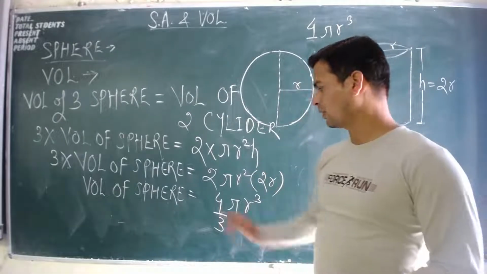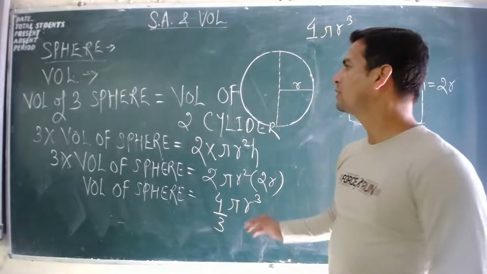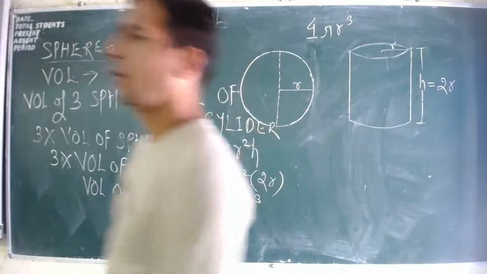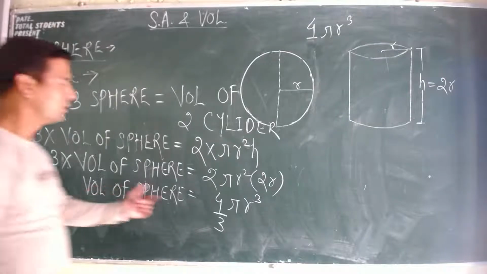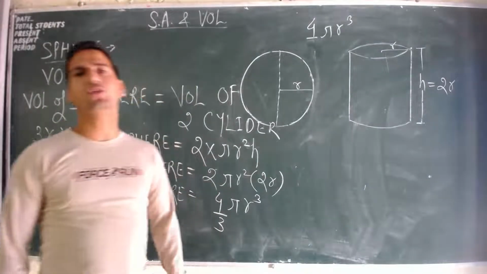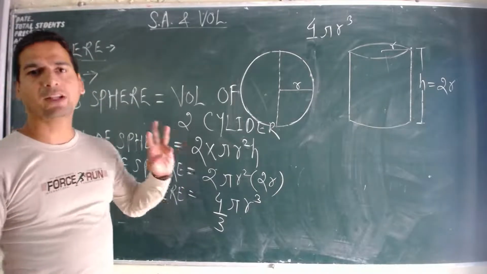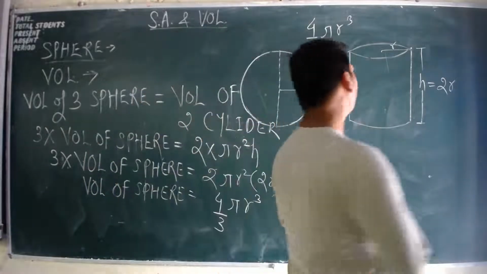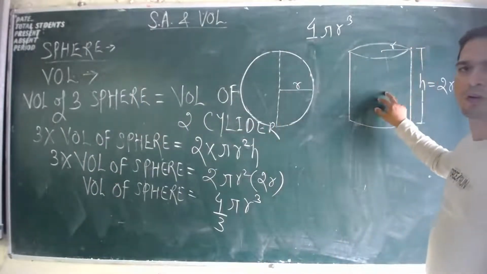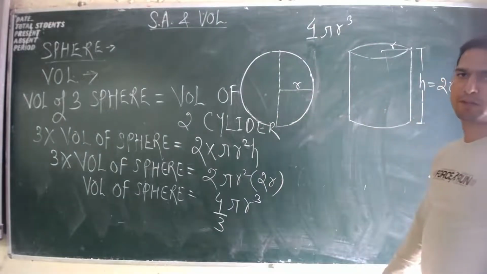Clear? So that's how the formula 4 by 3 pi r cube, the volume of the sphere, has been derived. The basic concept is that the volume of three spheres will be equal to the volume of two equivalent cylinders. Then we will solve it.